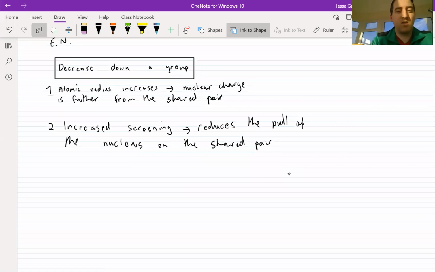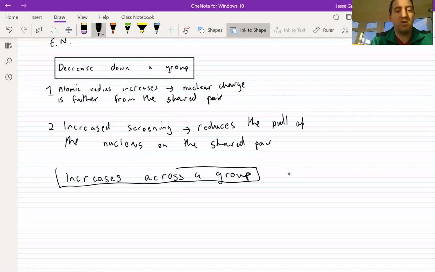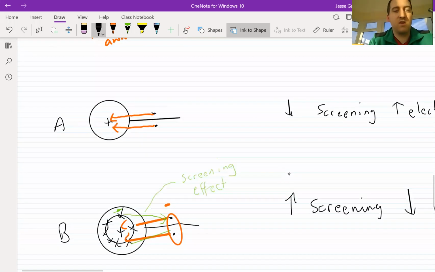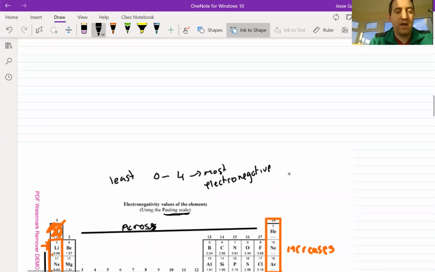What happens going across a group? Well, we've said the general trend is that electronegativity increases across a group. Okay, so why does it increase going across a group? Let's just double check that it does. Up here, look at across a period.